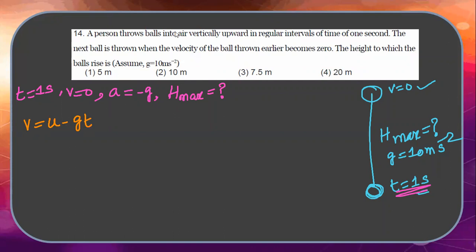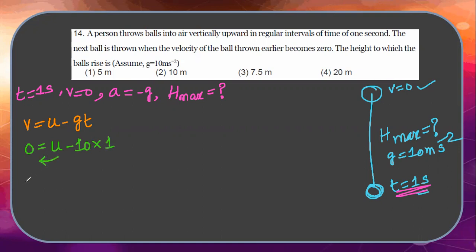V is equal to U minus gT. Then the final velocity is 0. They didn't give the initial velocity, so we have to calculate the velocity first, and afterwards we'll calculate the height. So 0 is equal to U minus 10 meters per second square times T, and the time period is given as 1 second.